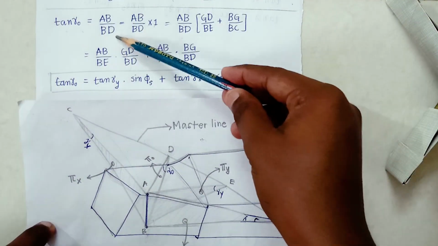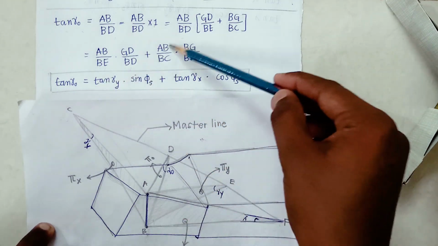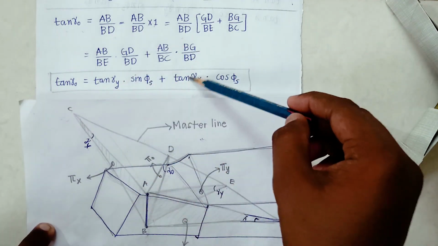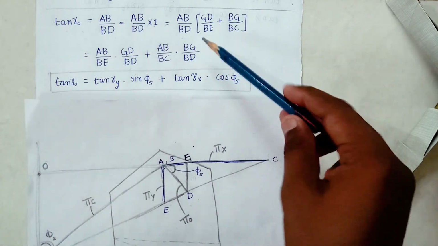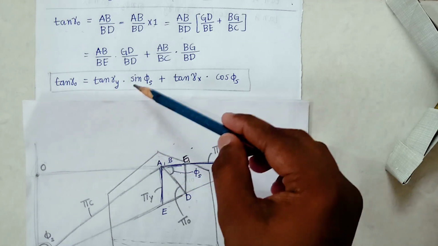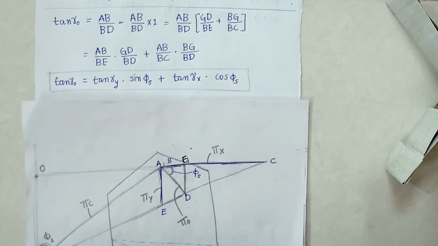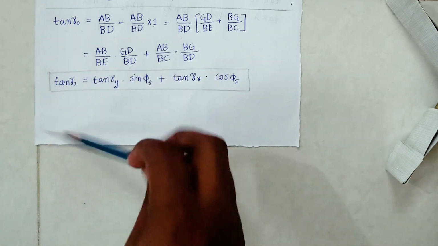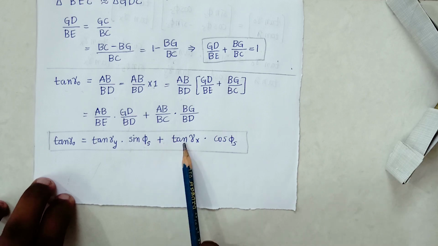From this diagram, AB by BE is equal to tan gamma y and AB by BC is equal to tan gamma x. From this diagram, GD by BD is equal to sin phi s and BG by BD is equal to cos phi s. And there you have the formula: tan gamma O is equal to tan gamma y into sin phi s plus tan gamma x into cos phi s.